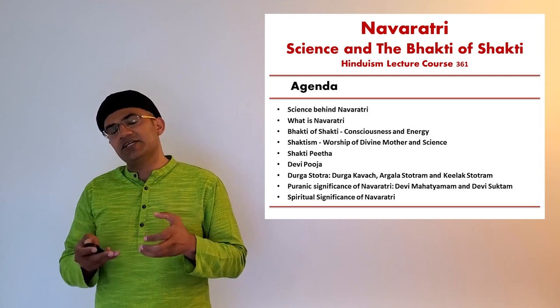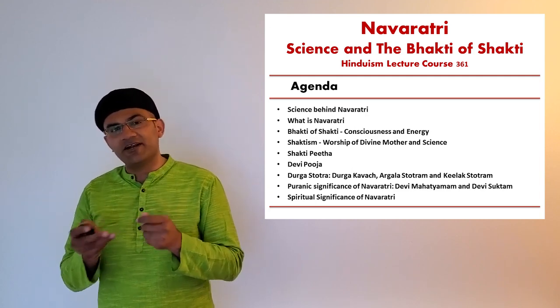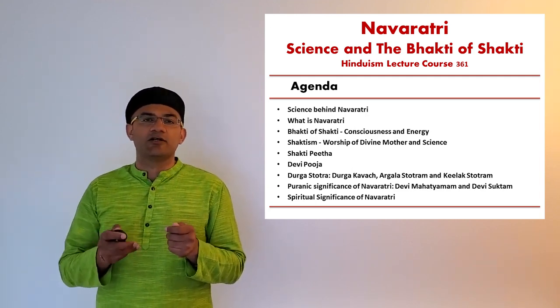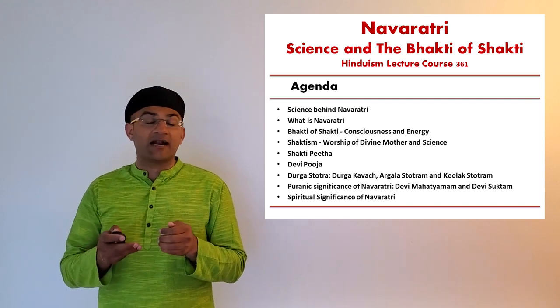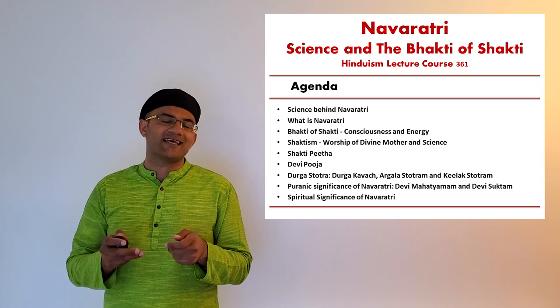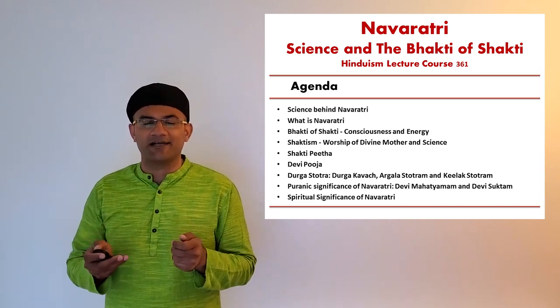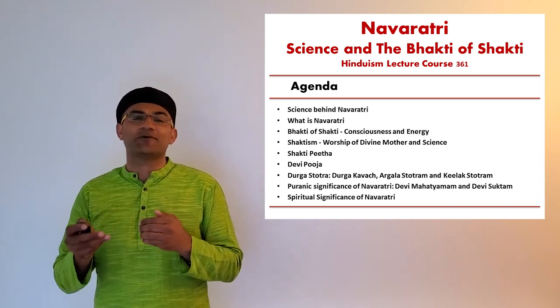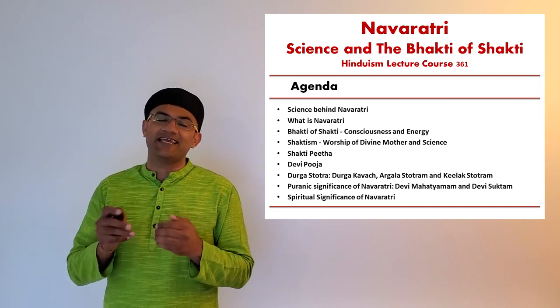So these 13 chapters or the 700 slokas are also called Durga Saptasati. They are also called Devi Mahatmyam, and in some other parts they are also called Chandi Path. So we are going to explore each chapter of that and its significance in detail.